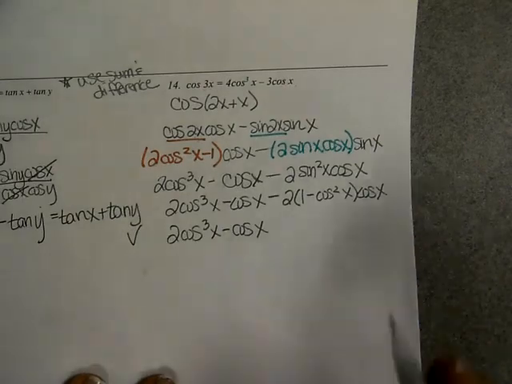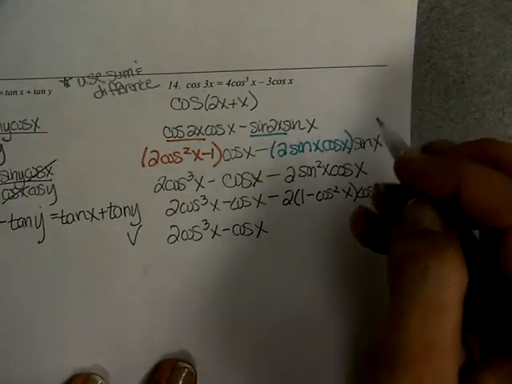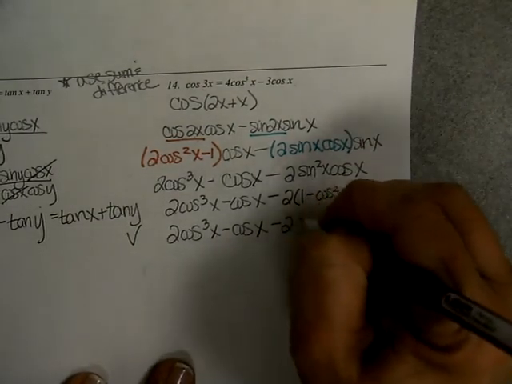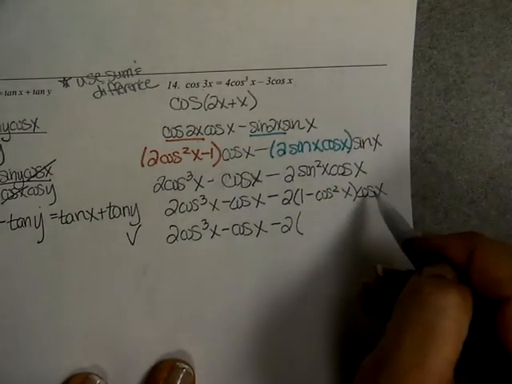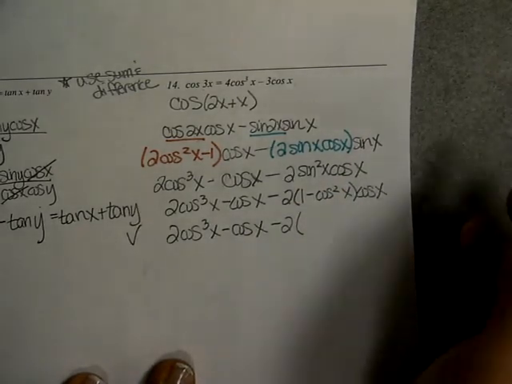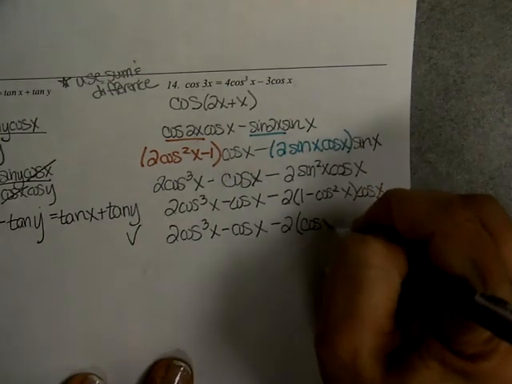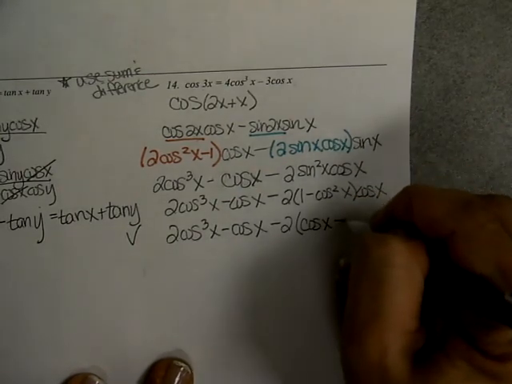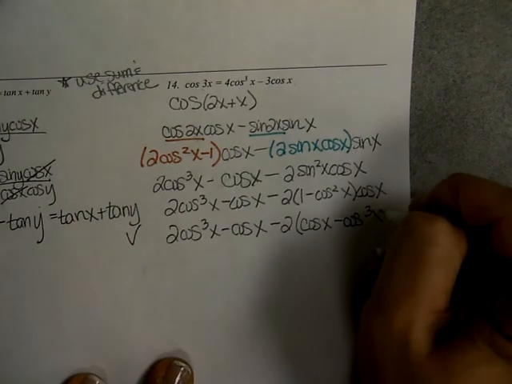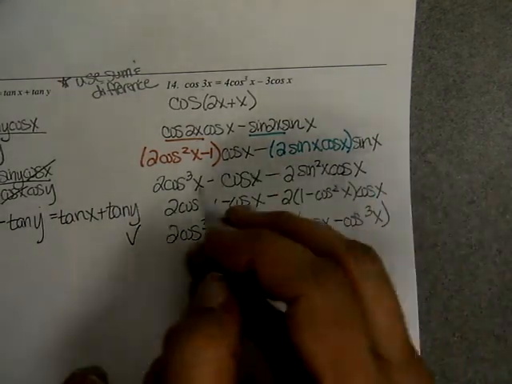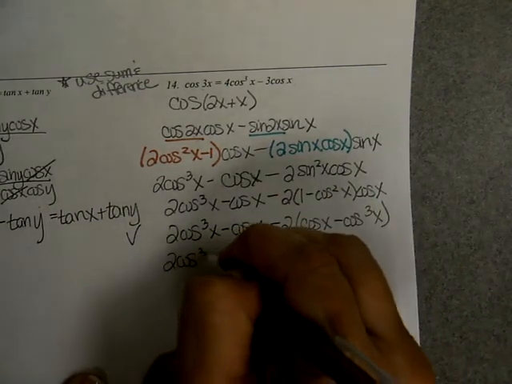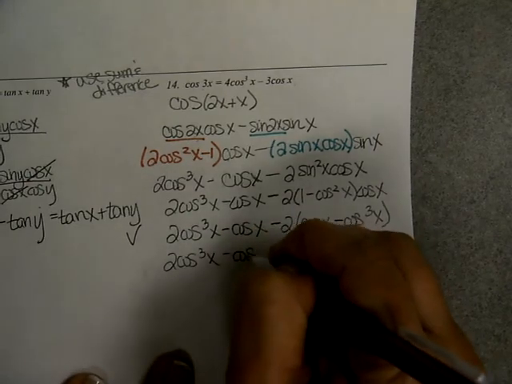And then essentially, I don't know if I want to do all these steps at once, since I'm not there to gauge how y'all are doing. So I'm going to start by distributing this cosine x. So I have this cosine x, and then minus cosine cubed x. And now maybe I'll distribute that 2. No, the negative 2.